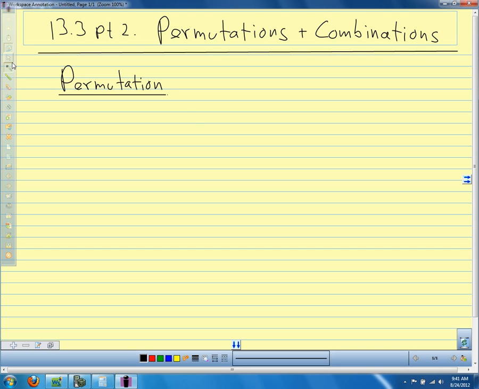So permutation tells us that if we have n items, or n things, arranged r at a time. Like in our class we had 30 people and we're arranging them 3 at a time.